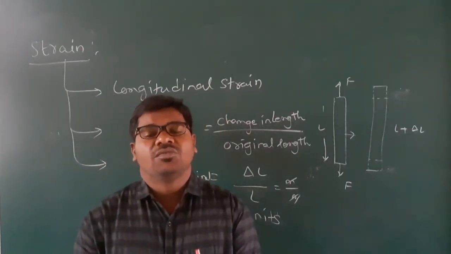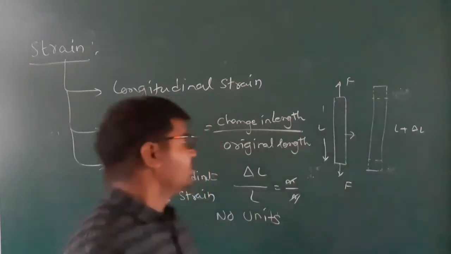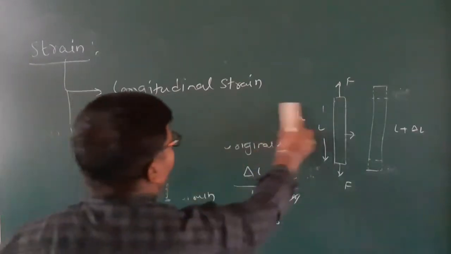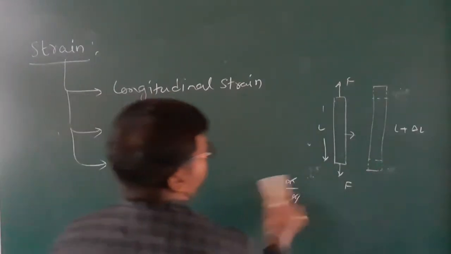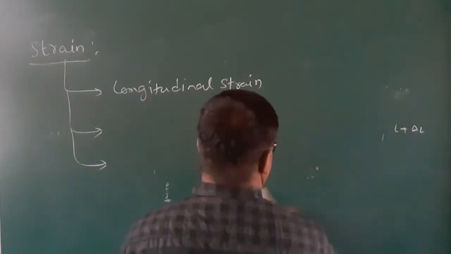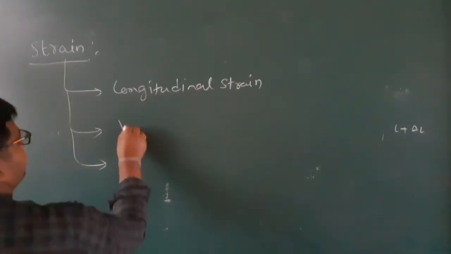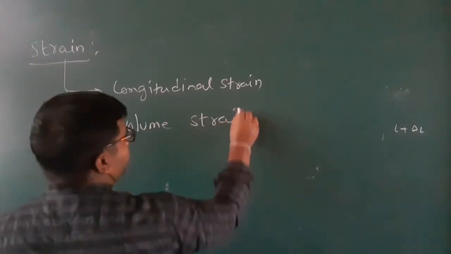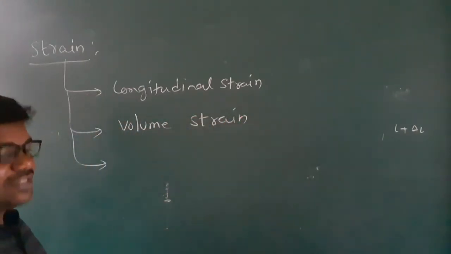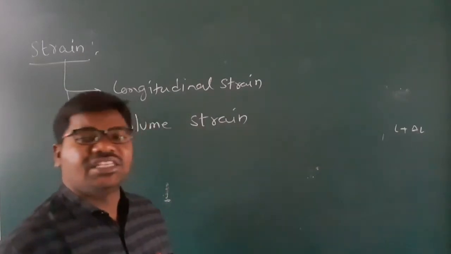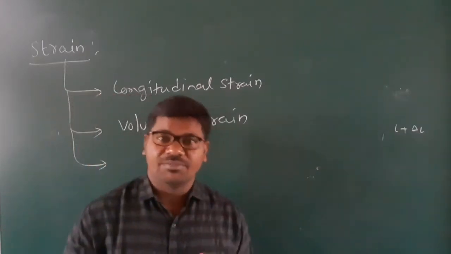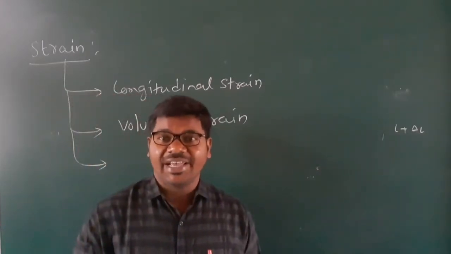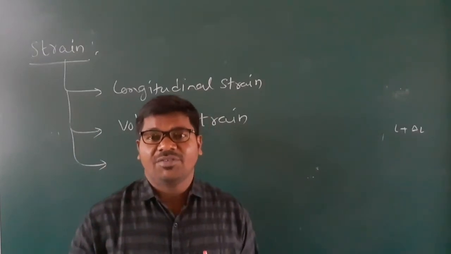Okay, next, volume strain. What is the second one? Volume strain. Volume strain is defined as change in volume by original volume, my children. Understand? Change in volume divided by original volume.